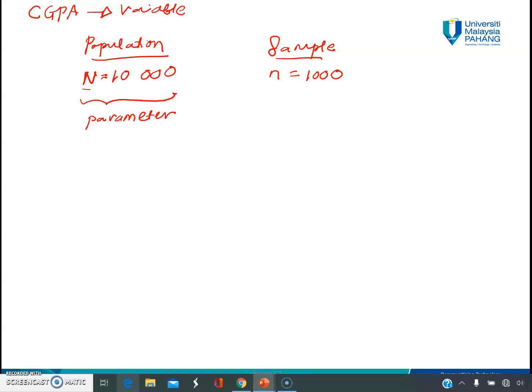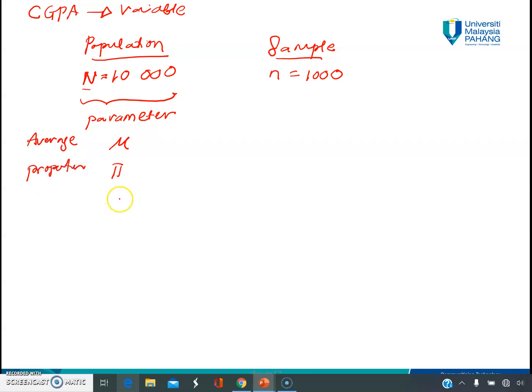All right. So from 10,000 students, I can calculate a parameter. A parameter is a value. In our class we have 4 main parameters to be concerned with. First is mu, which is the average. Then we have the proportion, denoted by pi.